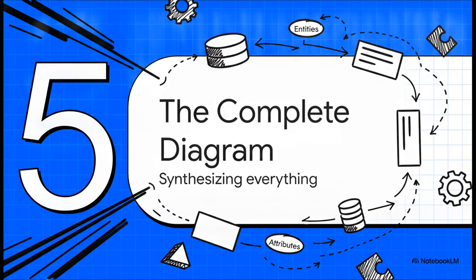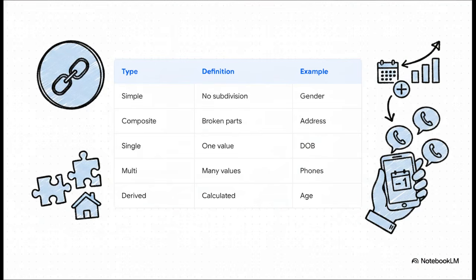And finally, Section 5, the complete university diagram. Let's put it all together. Here is your ultimate master cheat sheet. These are the 5 focal attribute types we've used to organize that messy student data into a flawless, functioning structure.